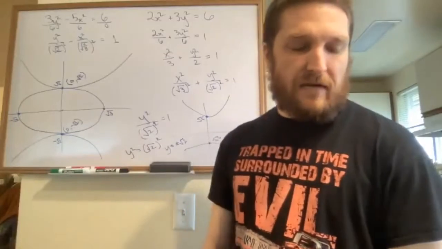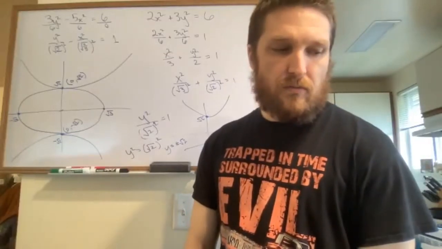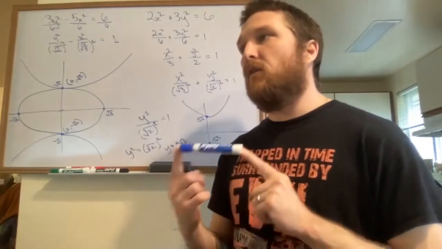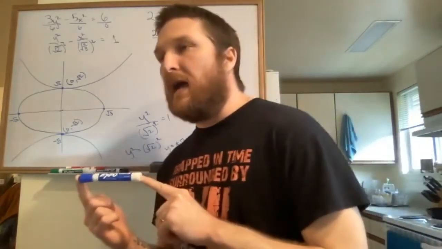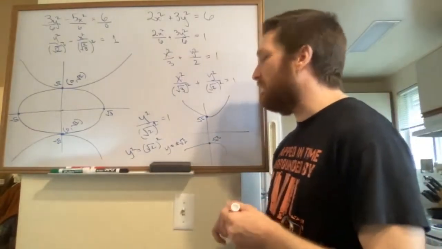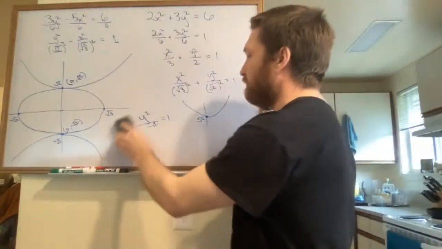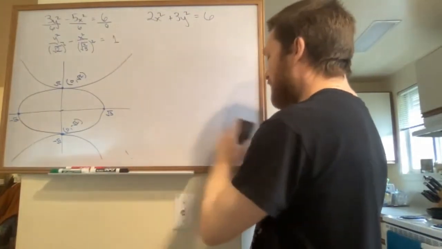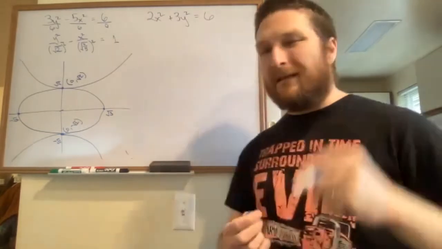I would definitely, if I were you, be sure that I know how to graph all this stuff, right? It's going to be really important. Completing the square shows up at least 4 times.